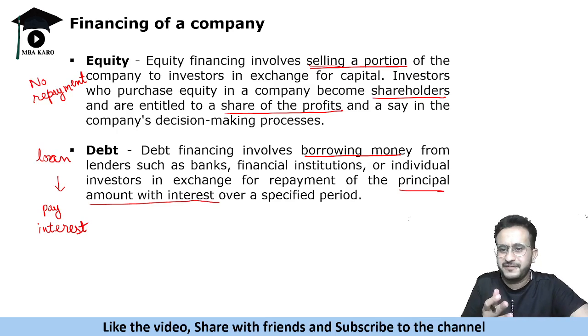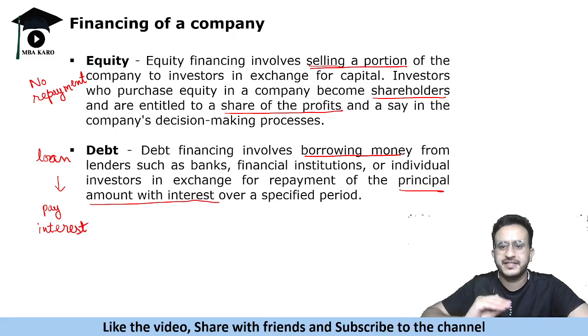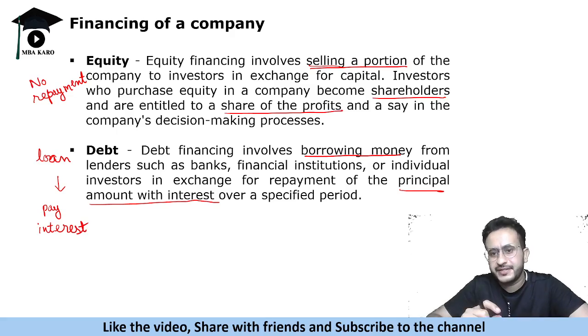If the company fails, of course you will have a loss, but you do not have to repay the equity amount. In case of debt, you will have to regularly pay interest. That is the disadvantage; it is kind of a loan. Debt is simply a loan. In equity, you have to give a share to the investor. Now what is the disadvantage? The advantage is that if you fail you do not have to pay anything, but the disadvantage is you have to share your profit.